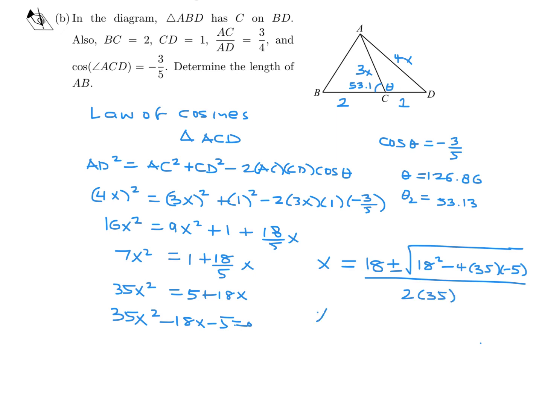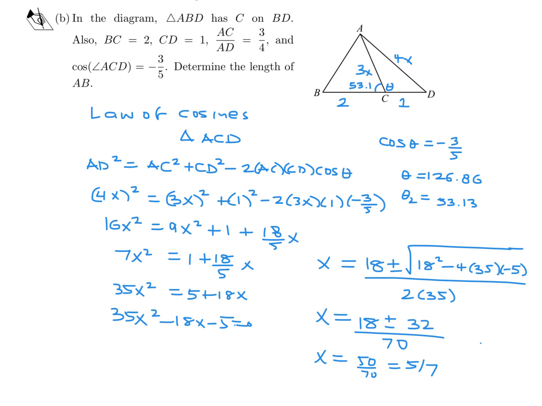So that's 18 plus or minus the square root of 324 minus minus 700, so that's going to be 1,024. It's a 32, actually. It's a perfect square. That works out really nicely, so I should have been able to factor it, but I just couldn't figure out how to do it. X is representing a length, so it can't be negative, so it has to be positive. Therefore, you're going to use the 50 over 70, which is 5 over 7.